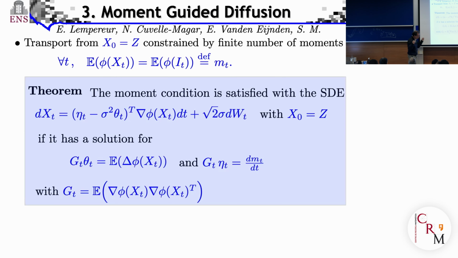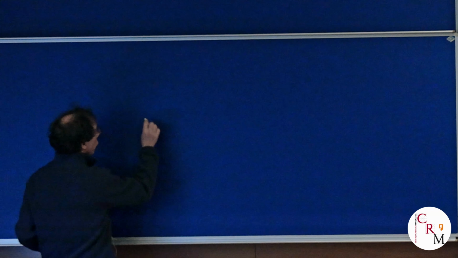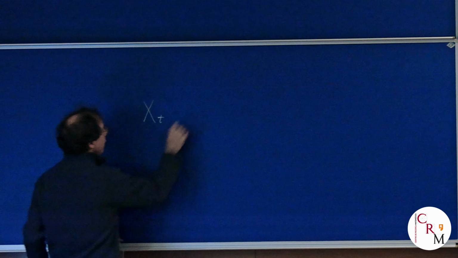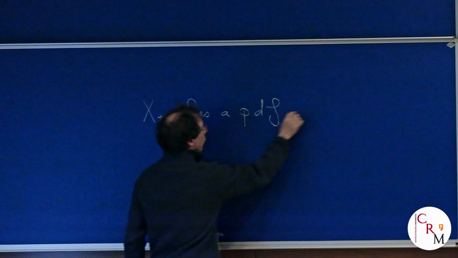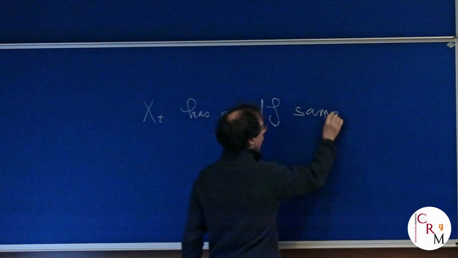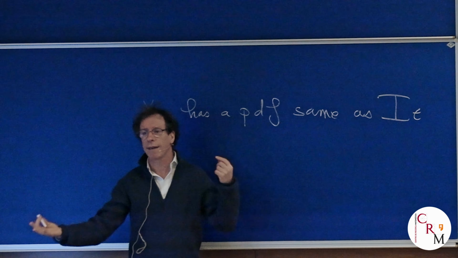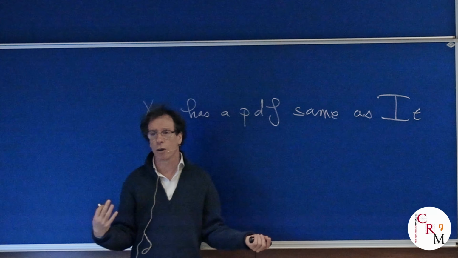So if you want to compare what we are doing here with what is being done with a standard interpolant, what we impose is that xt has a PDF, a probability distribution, which is exactly the same as It. In other words, you impose that all the moments of xt and It are identical.